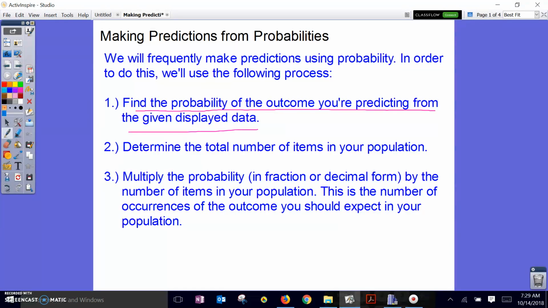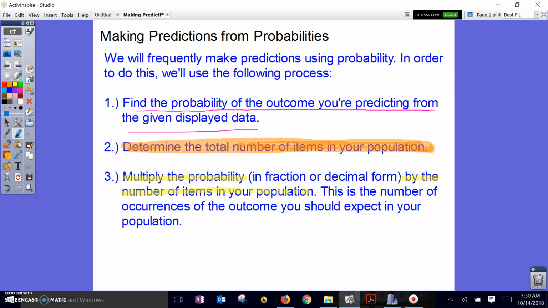The second thing we're going to do is determine the total number of items in your population. And that's usually just a matter of reading through the problem and seeing how many total things are in your group. And then the third thing we're going to do is take our probability, either in fraction or decimal form, and multiply it by the number of items in our population.